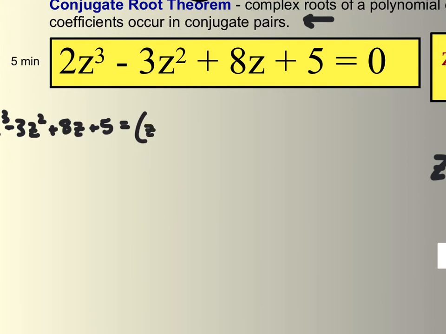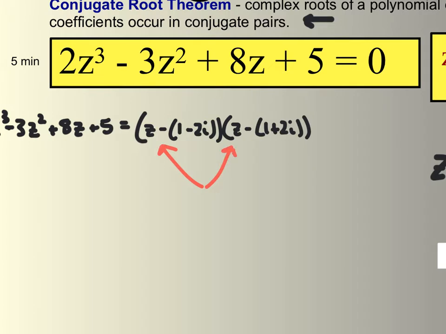So z minus 1 minus 2i times z minus 1 plus 2i. Right now these two z's multiplied together will give me a z squared. I want a z cubed. Therefore, I need a z at the end plus something. I don't know what that something is yet. But that would be our factors of this trinomial. So let's go ahead and give this a shot here.